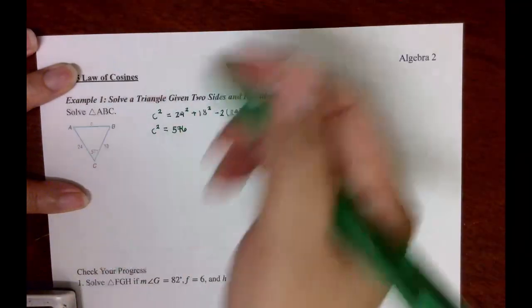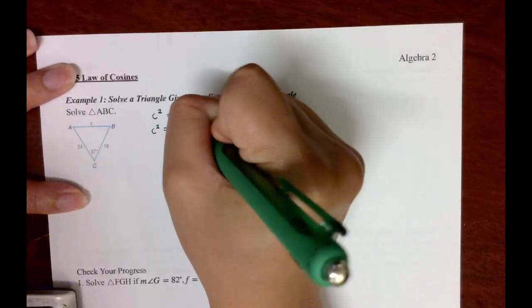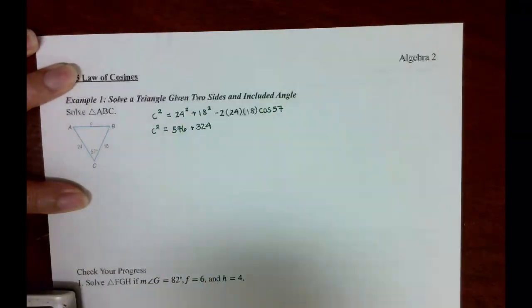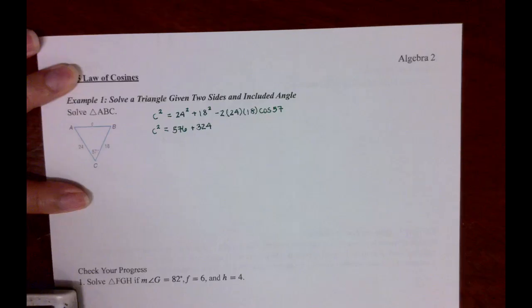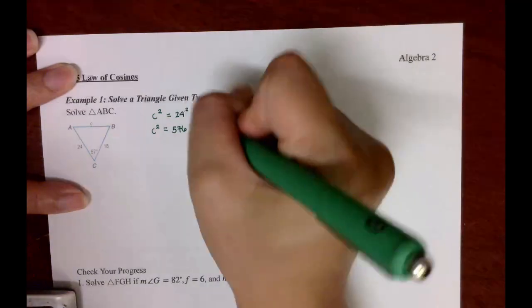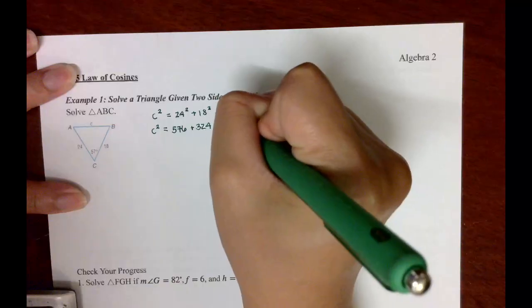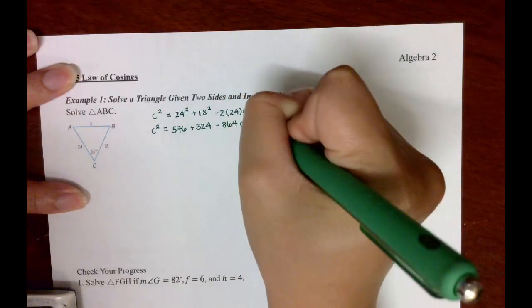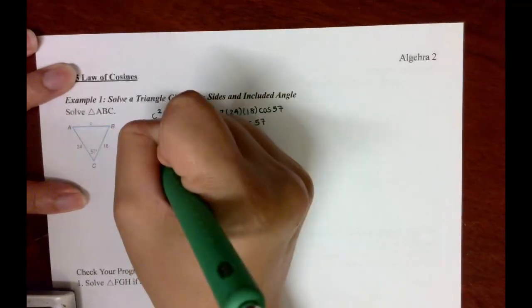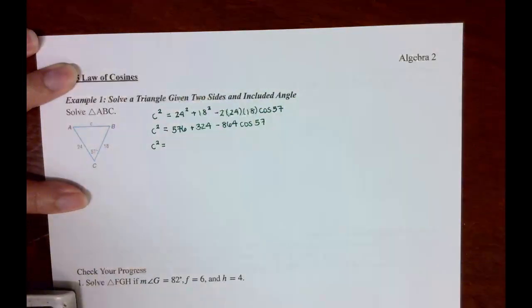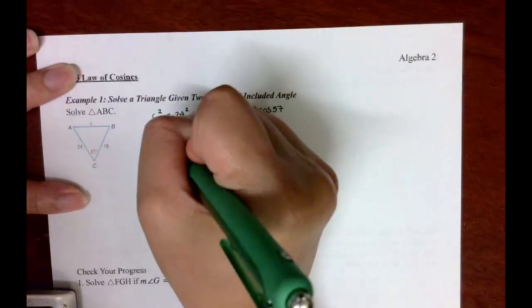So 24 squared is 576, 18 squared is 324, and then 2 times 24 times 18 is negative 864, times cosine of 57. I'm going to keep simplifying. 576 plus 324 is 900.